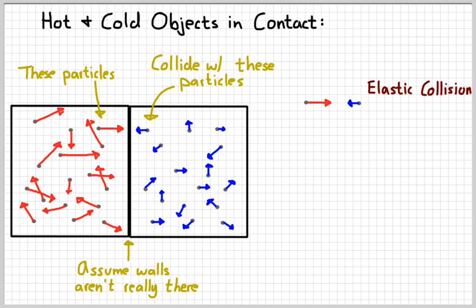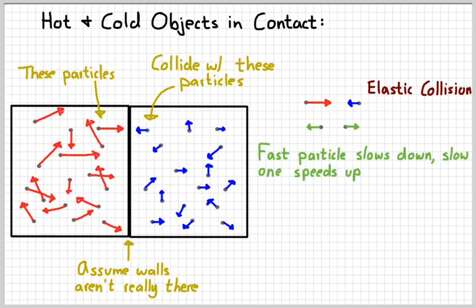Remember, elastic means that energy is conserved. So the net result, if you remember doing things like this with momentum carts, is that the thing going fast is going to slow down, and the thing that was going slow is going to speed up. In the before picture we've got one fast, one slow. In the after picture, we've got two mediums.